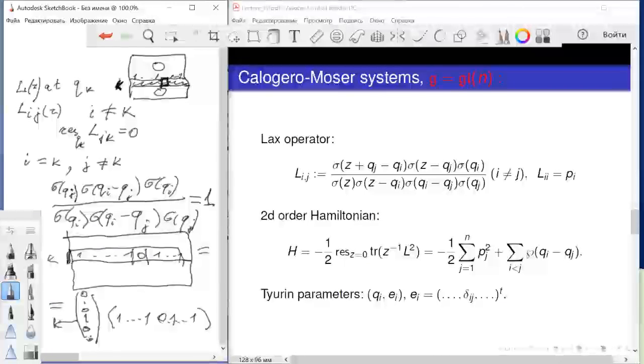At least I checked that the residue of this matrix valued function is of the form I postulated, and all vectors alpha are the same. I mean, all vectors.